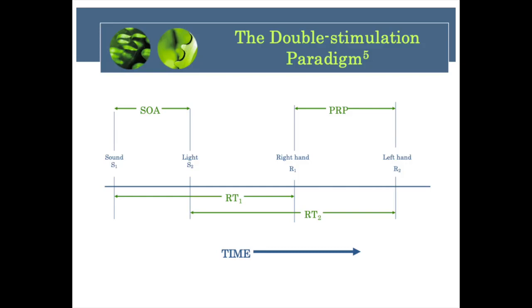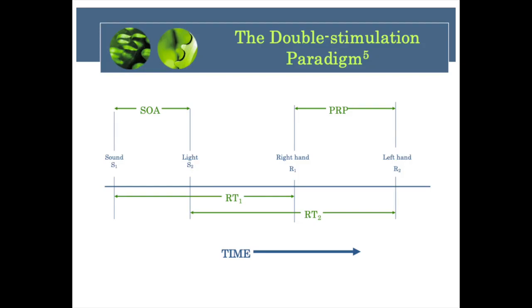In the figure, you receive the sound, which is stimulus 1. And then there's a period between receiving that stimulus and receiving the second stimulus, which is the light. And this is called the stimulus onset asynchrony, so the time between those two.